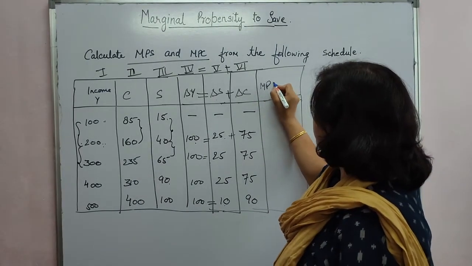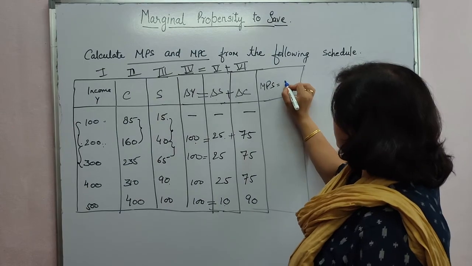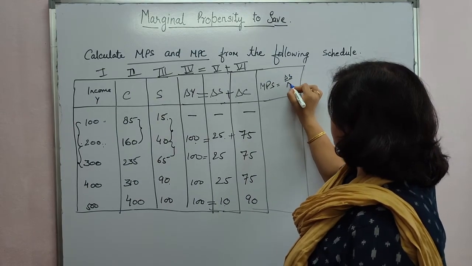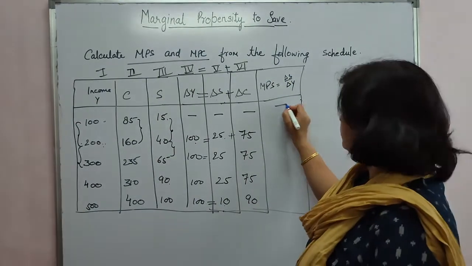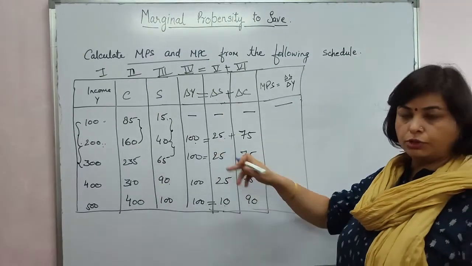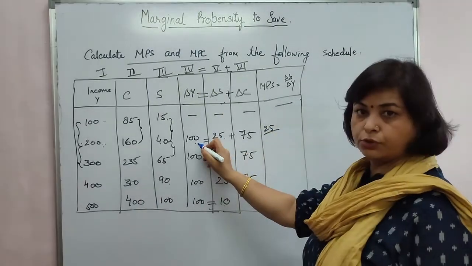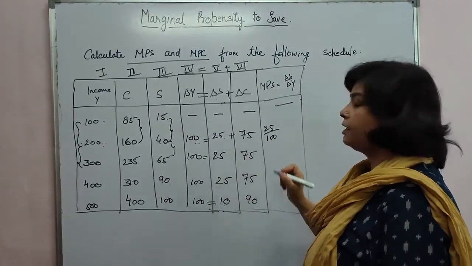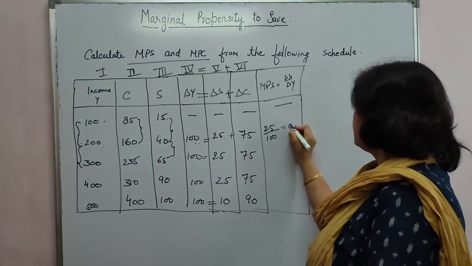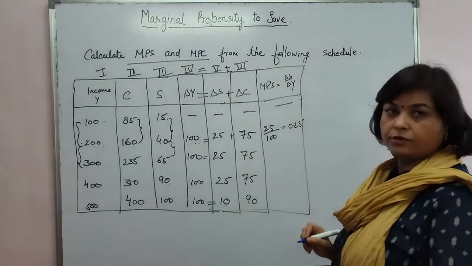Now first of all we will calculate the value of MPS. MPS is equal to delta S upon delta Y. Delta S is equal to 25 and delta Y is equal to 100. So 25 by 100 is equal to 0.25.